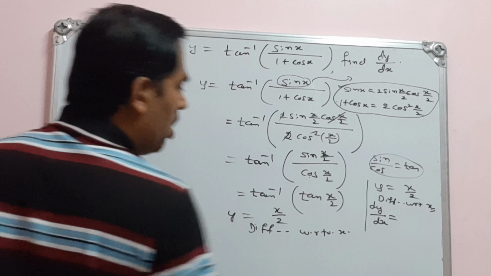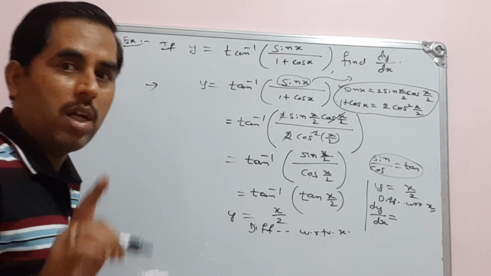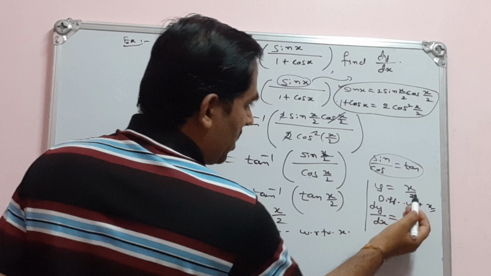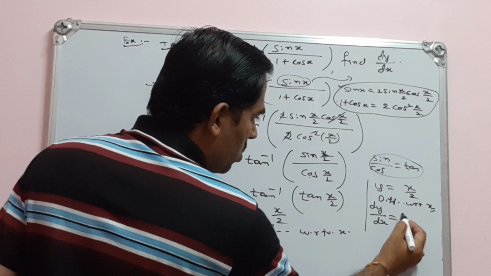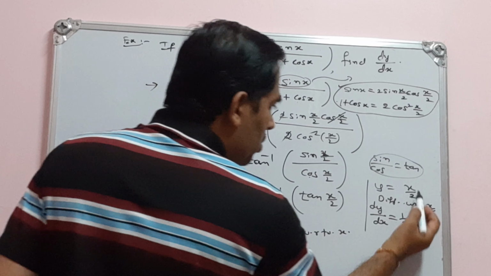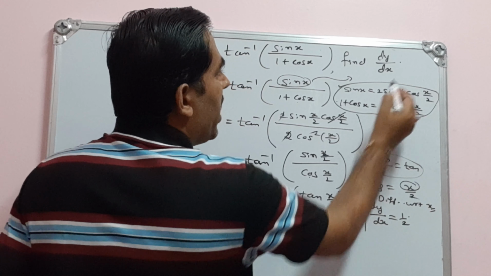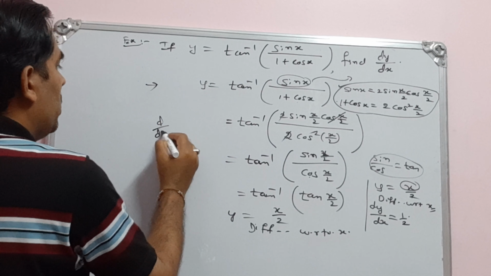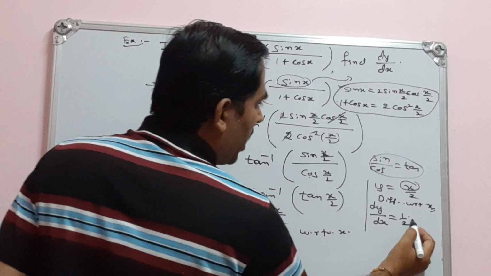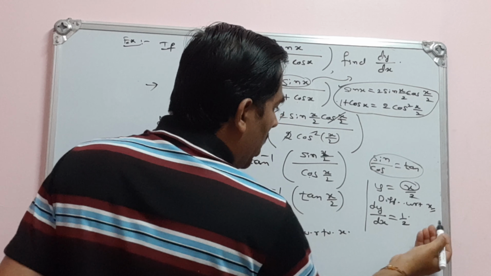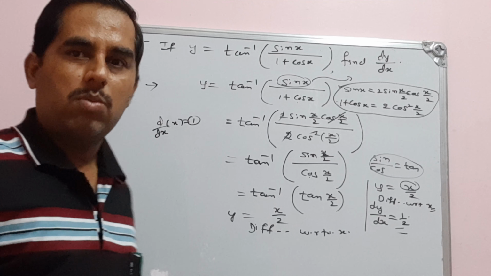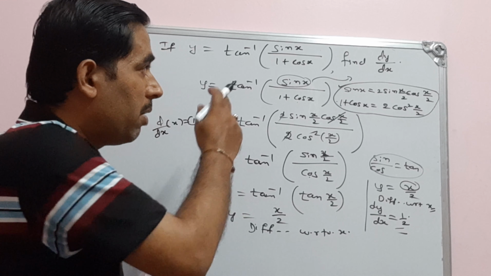Before writing the right hand side, we have to be careful here. 2 is in the denominator, 1 x. X by 2 means half into x. So half is a constant. I don't have to differentiate that. Half into the derivative of x. I have to differentiate only x. The derivative of x with respect to x is 1. So that is half into that 1. So that answer will be half. So my derivative will be 1 by 2. This way we can simplify this expression.